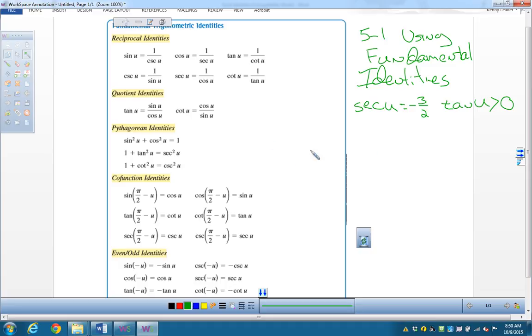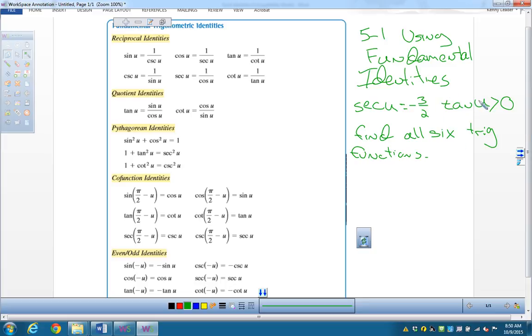And they'll say, find all 6 trig functions. In this case, what we've done before is draw a triangle and then use the triangle to figure this out.